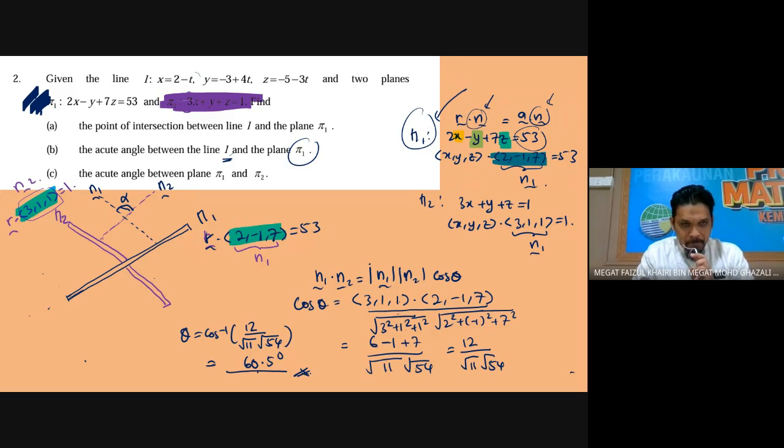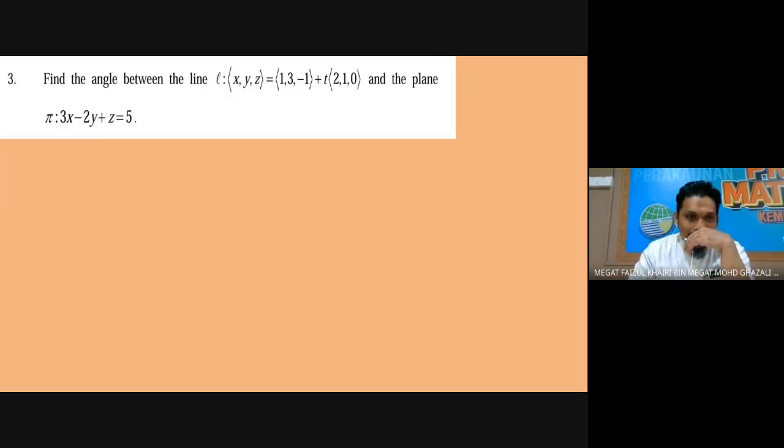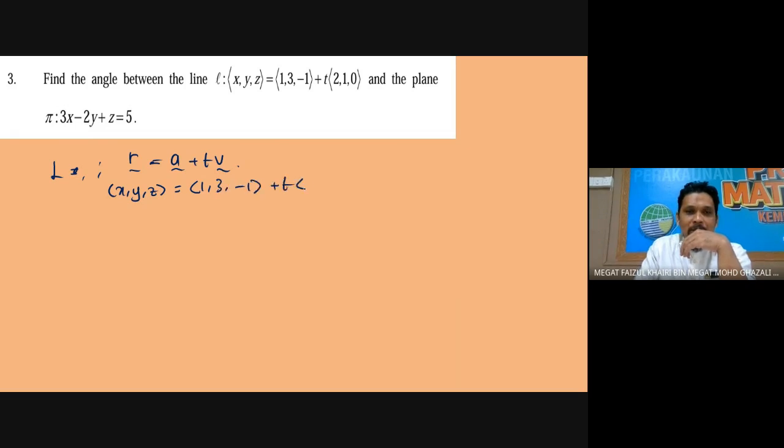Okay. So class, there is the solution for question number 2, A, B, and C. Now, find the angle between the line and the plane. So for L1, we have r equal to a plus t times v. So then we have x, y, and z equal to (1, 3, -1) plus t times (2, 1, 0).